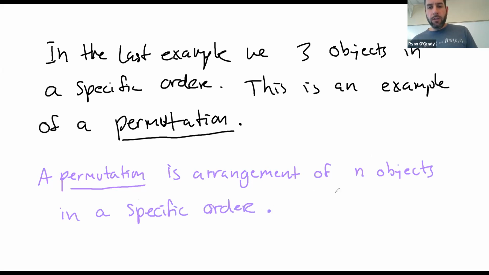So clearly, using this definition, n has to be what we call a positive integer or a counting number. It has to be 1, 2, 3, 4, 5, 6, 7, 8, 9.